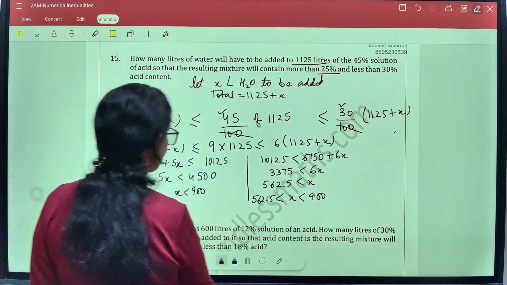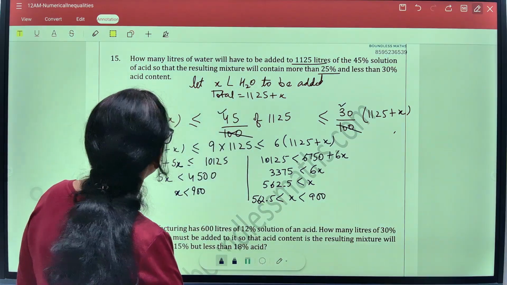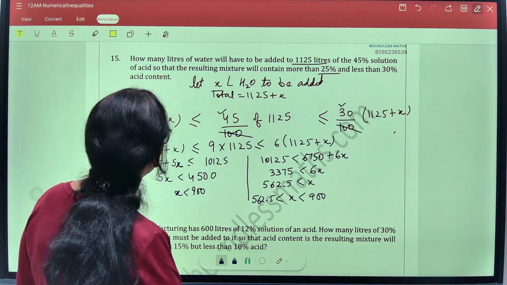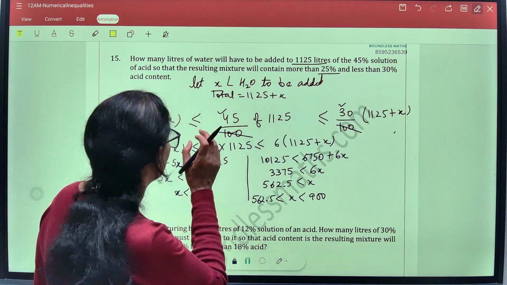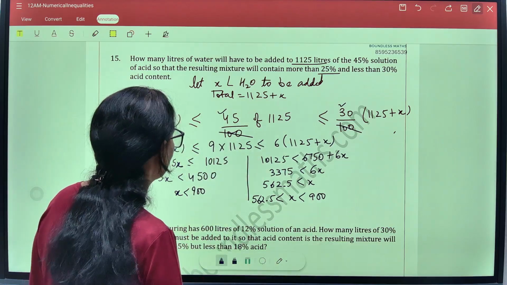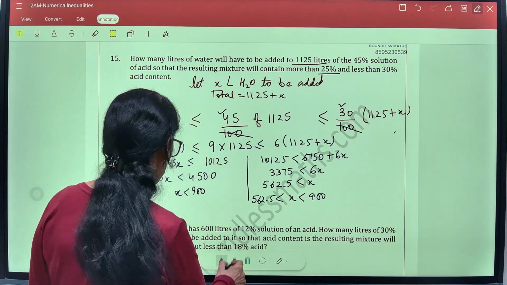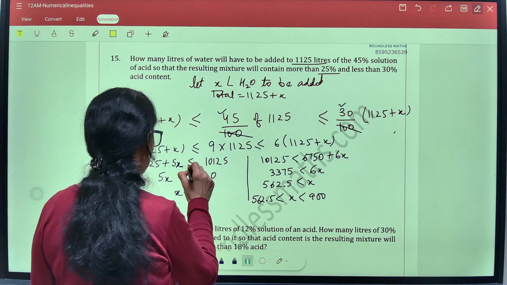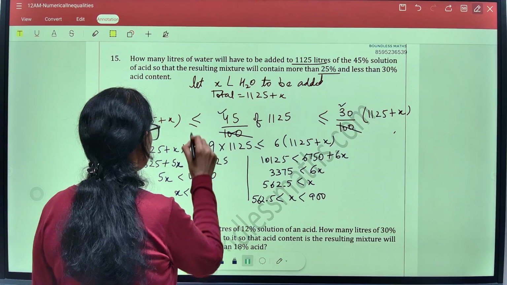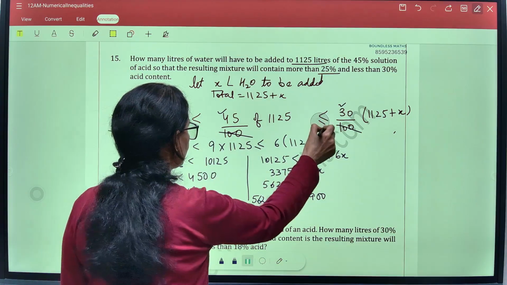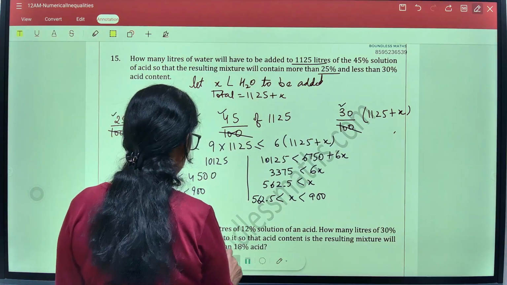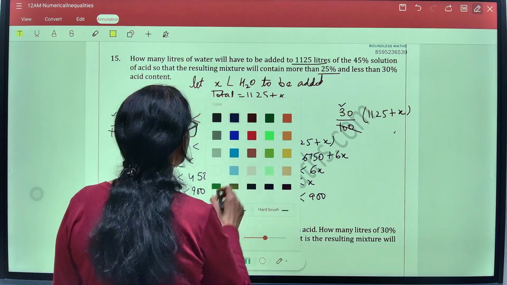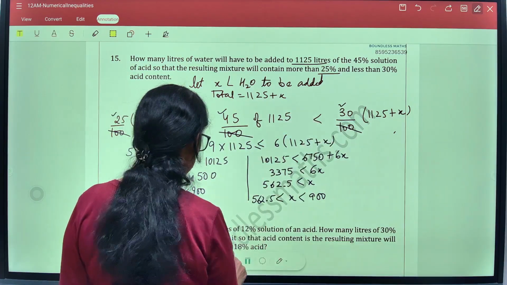Please write this as a proper statement for the final answer. The question said how many liters of water would be added so that the resulting mixture contains more than 25 and less than 30% of acid. So here you should use only the greater than or less than sign for the inequality. No equal to is here because it says it is less than 30 and more than 25.